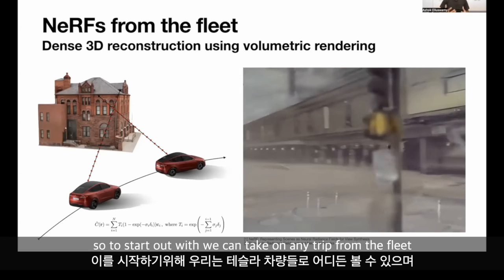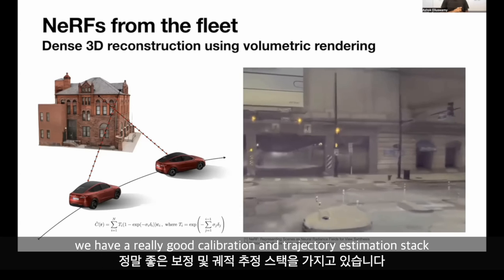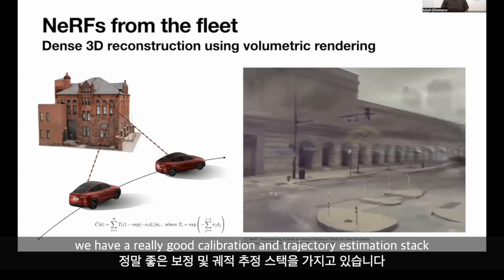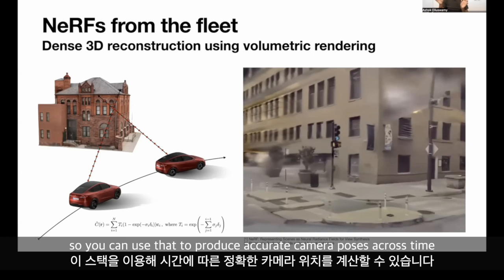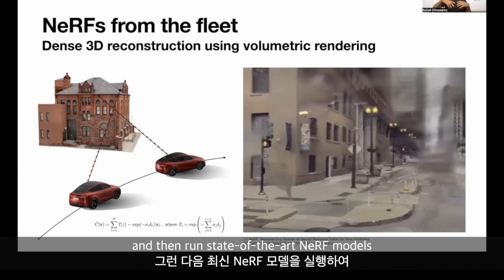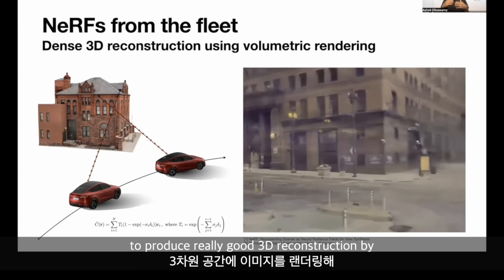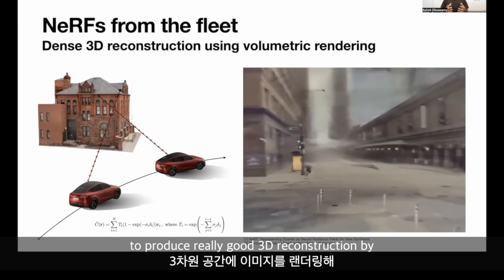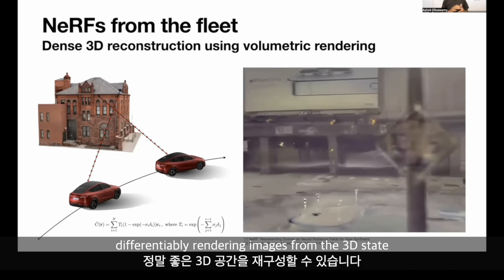So to start out with, we can take any trip from the fleet. We have a really good calibration and trajectory estimation stack. So you can use that to produce accurate camera poses across time, and then run state-of-the-art NeRF models to produce really good 3D reconstruction by differentiably rendering images from the 3D state.